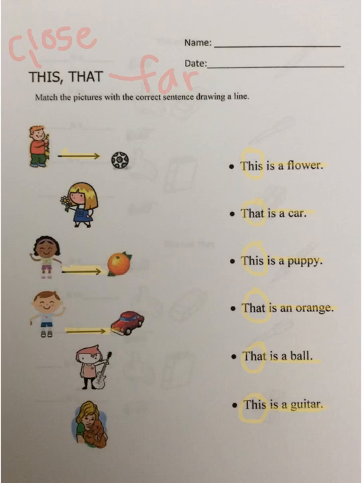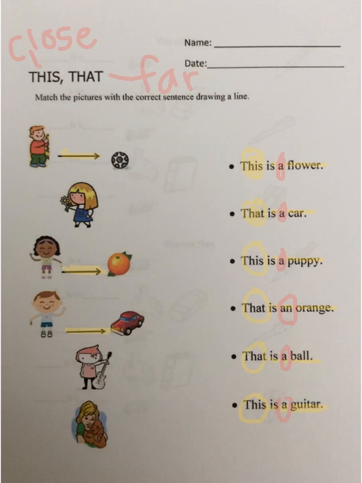So remember, anytime it says this, it is something close by, and that is further away. I'm also going to circle something else that we're going to learn about in a different video. Is this word a? A. Ooh, this one says an. I see a and a. We're going to learn about when to use a and an.